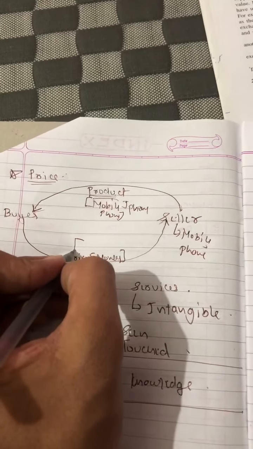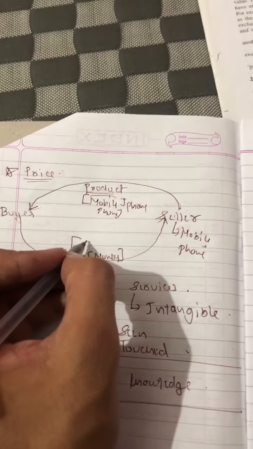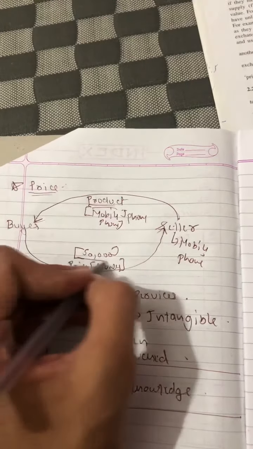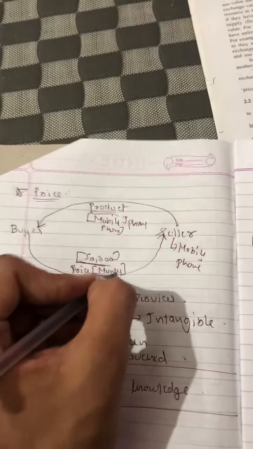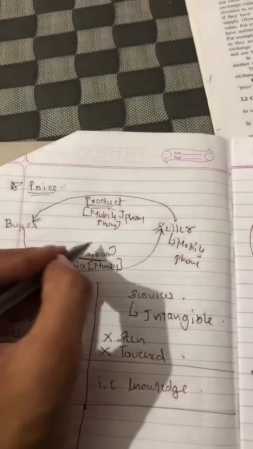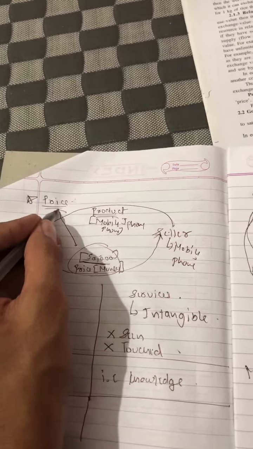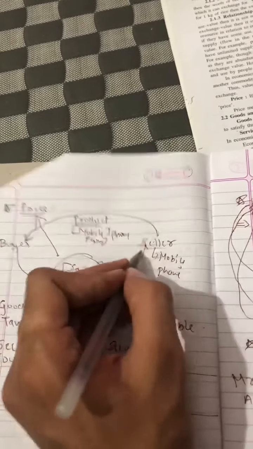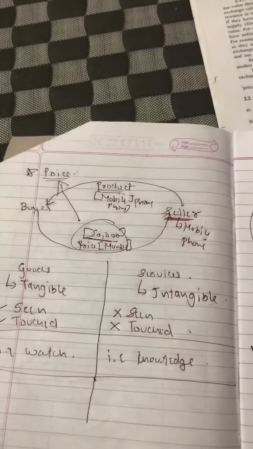That means the buyer will give money. For example, if the phone is of 50,000, then the buyer will give the price or money, 50,000, to the seller, and this is called price. So price is paid by the buyer and it is received by the seller.